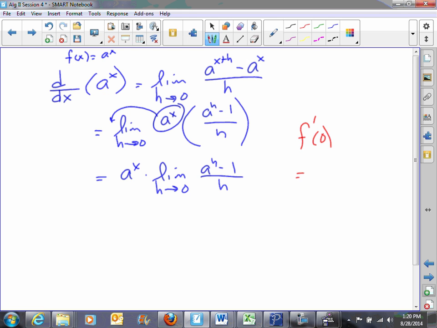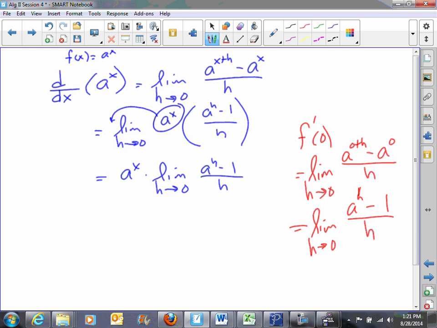We would get that's equal to the limit as h approaches 0 of a to the 0 plus h minus a to the 0 over h. Well, a to the 0 plus h is a to the h, and a to the 0 is 1, and h is on the bottom.